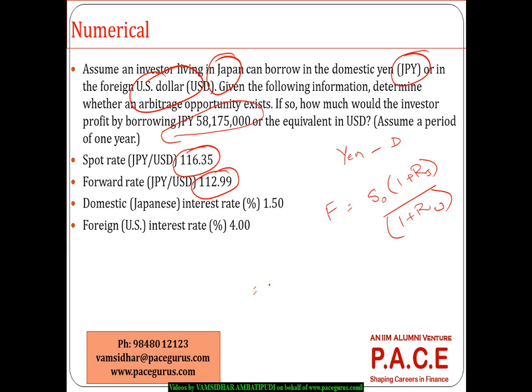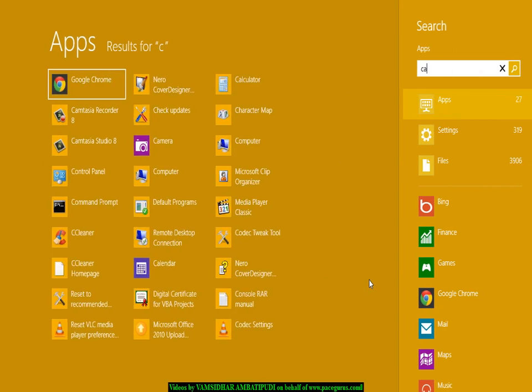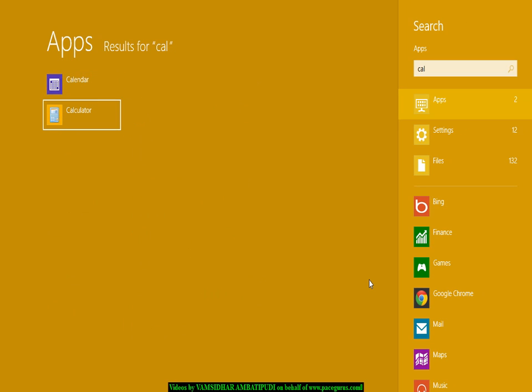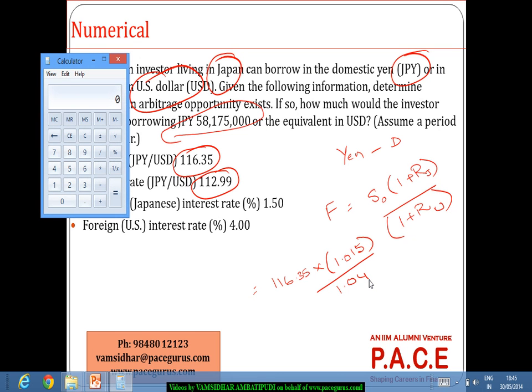So I am simply checking the spot rate 116.35 into 1 plus the domestic rate 1.015 divided by 1.04. So I am looking at the calculation.